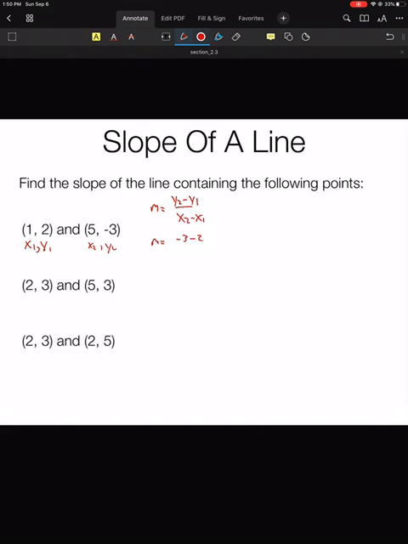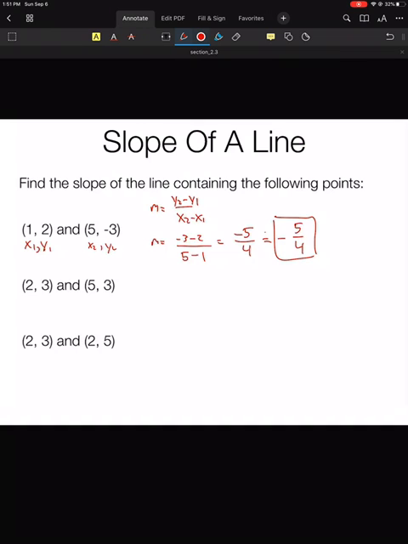M equals negative 3 minus 2, that's y2 minus y1, divided by 5 minus 1. Negative 3 minus 2 is negative 5 over 4. We can put the negative out in front and get negative 5/4.